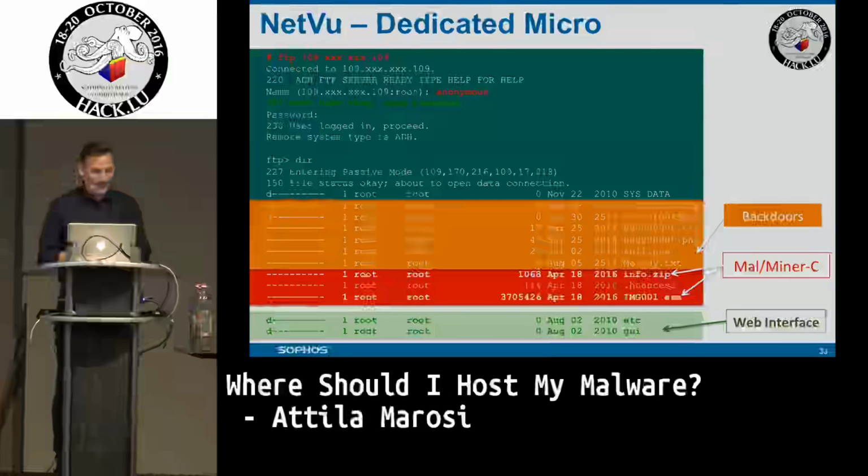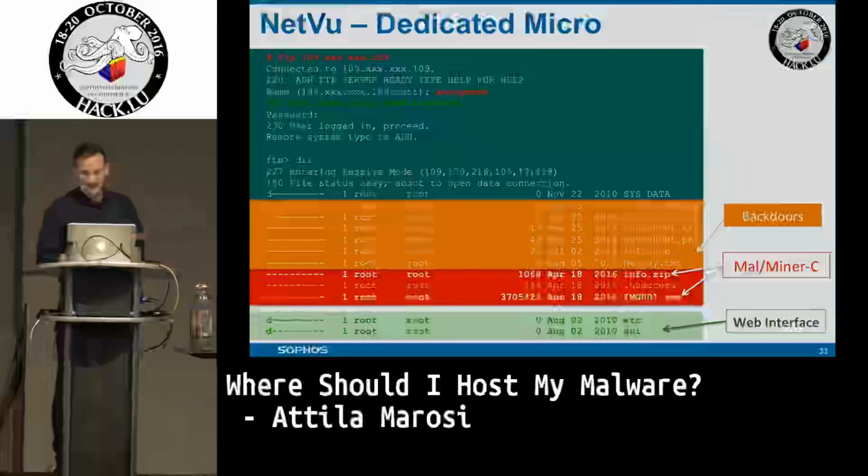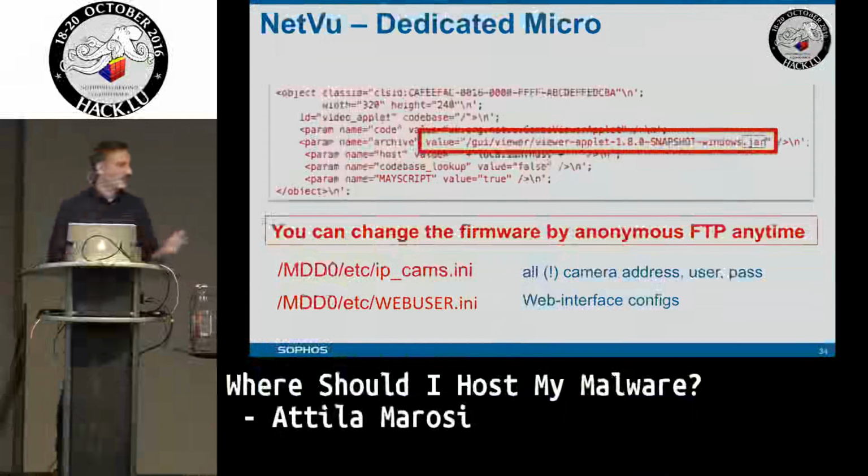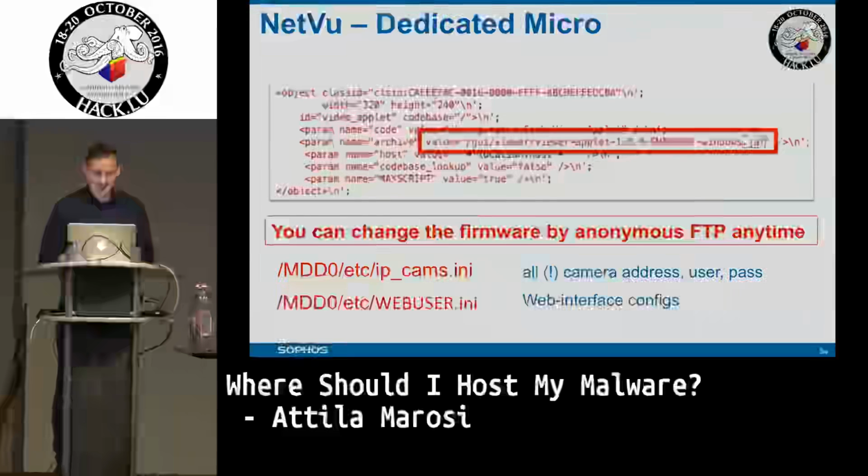If you use the same IP address and log in with FTP and check the device from this angle, you can see that there are already many actors and malware which try to put some malicious content on the device. As you can see, the miners are already there, which is very, very scary. The user interface folder is just at the bottom of it, so you can reach the user interface, and you can reach the firmware through FTP with anonymous access.